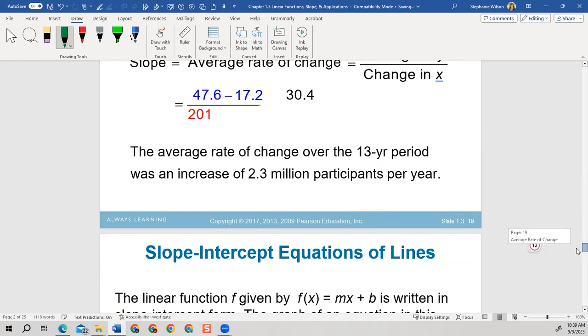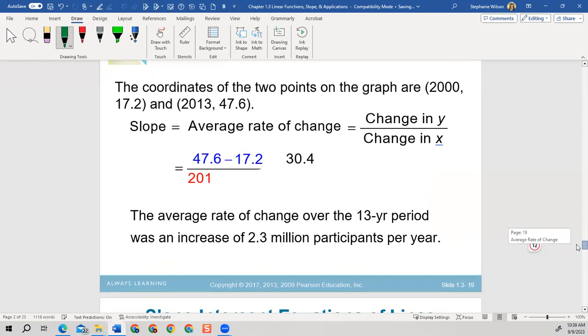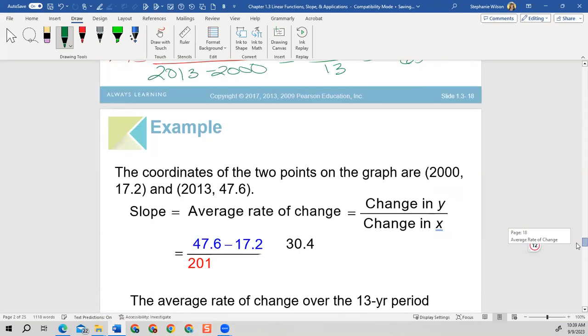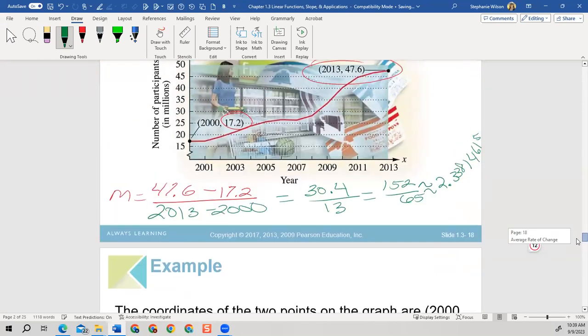They said, oh, okay, they rounded to the nearest tenth. So let's do that. When we round to the nearest tenths, I get an answer of, and guys, if you have questions about rounding, just holler at me. I also got a video out there on how to round. 2.3, and this is what's going to answer the question.